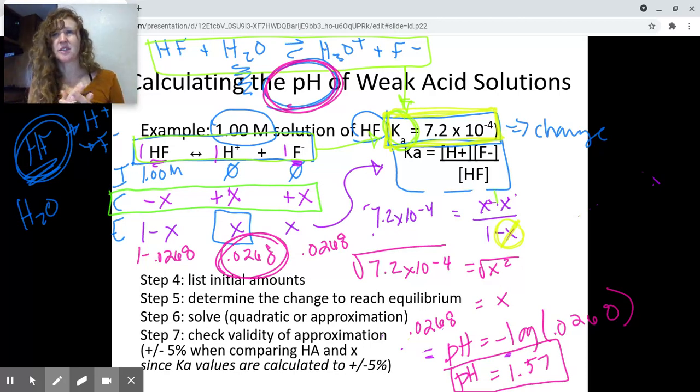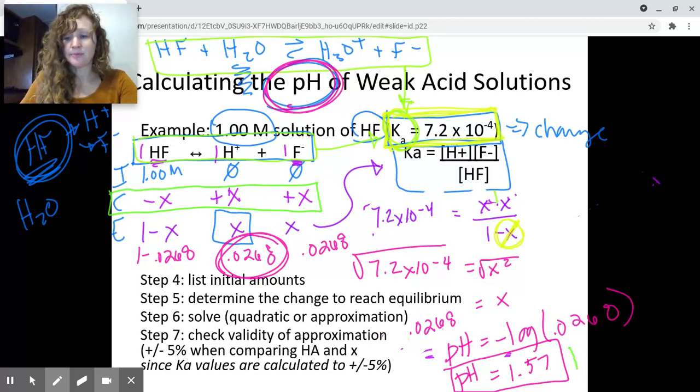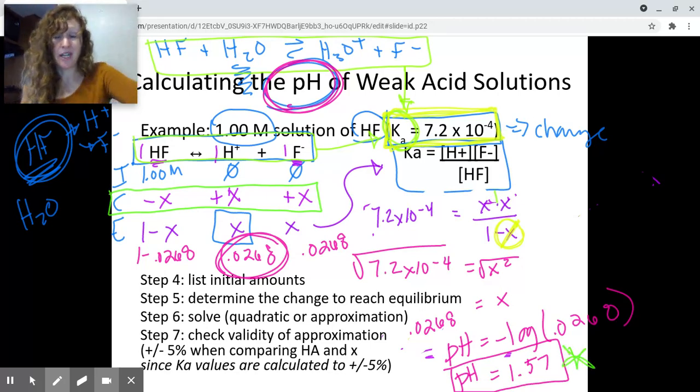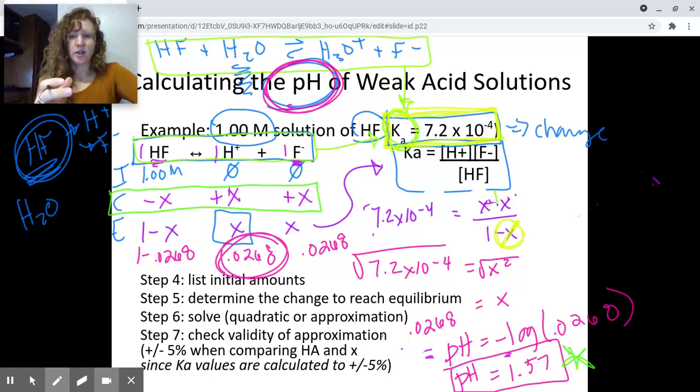We've used concentrations of hydrochloric acid in lab that were like 12 or 6 molar or 3 molar or 1 molar. So 1 is low, not super low. And then look at the pH that we got. The pH is still pretty low, 1.57, right? So if you handed someone a glass of water and said, drink this, it has a pH of 1.57, right? You would be like, hold up, what's in here?